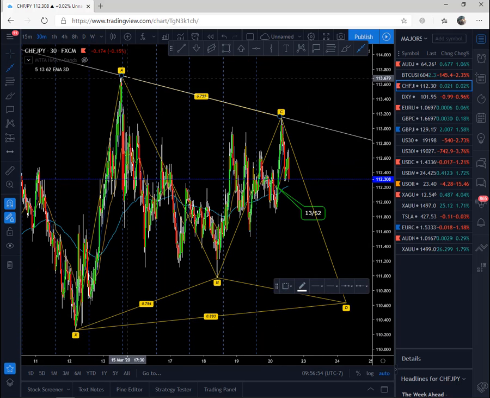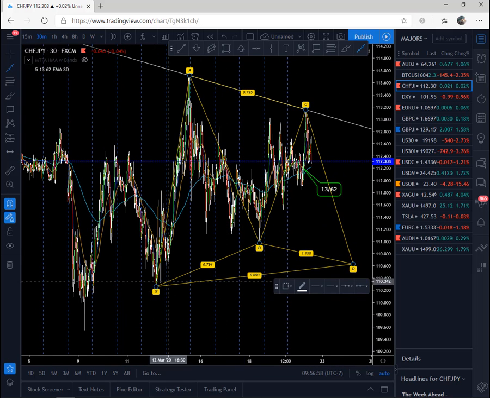So I draw the trend line from A and C points and X and B point.